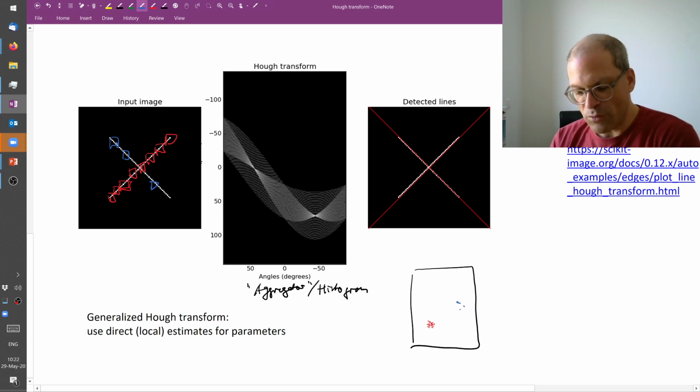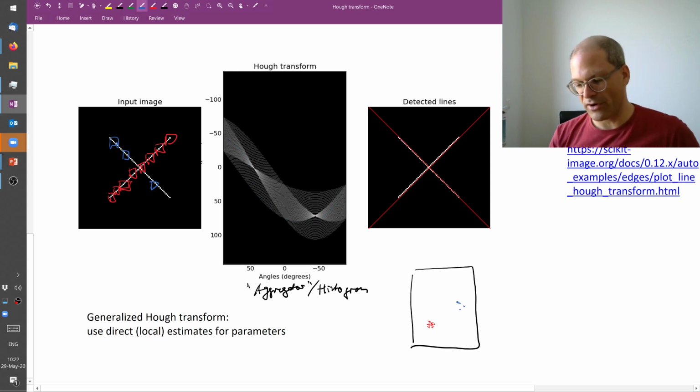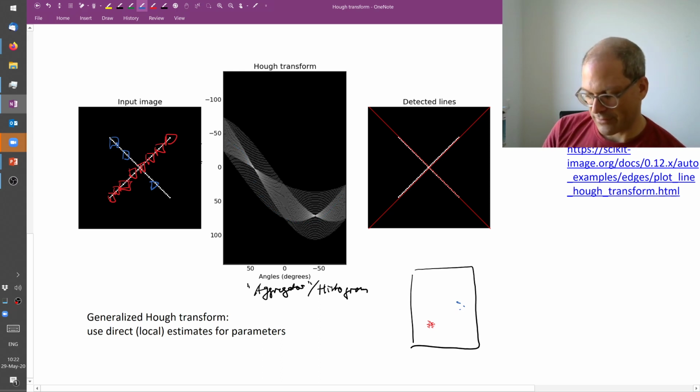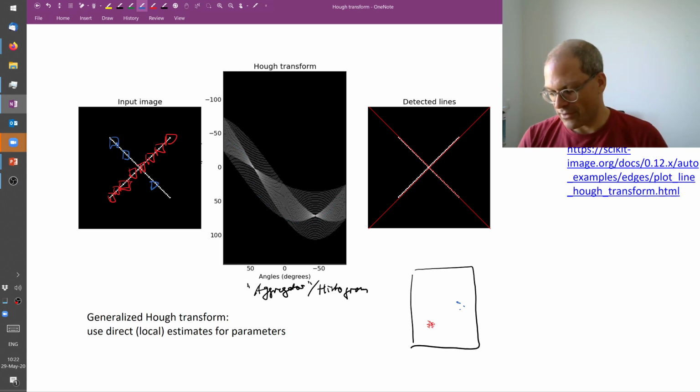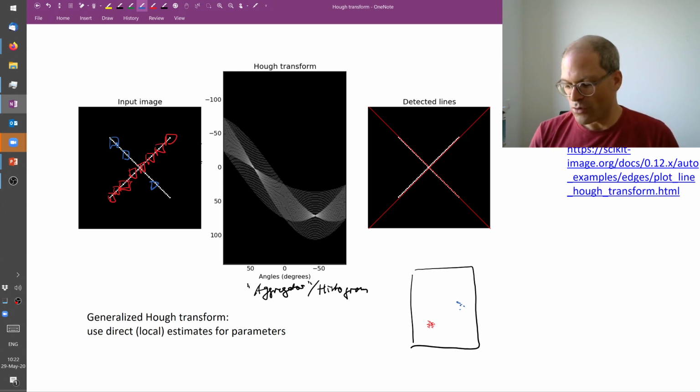So if we do more work in the image space, then we will not get this kind of diffuse mapping. So not each foreground patch will vote for a whole curve, but each foreground patch will vote for just a single point in that space. And then we're left with the task of clustering or finding local maxima in this new space.